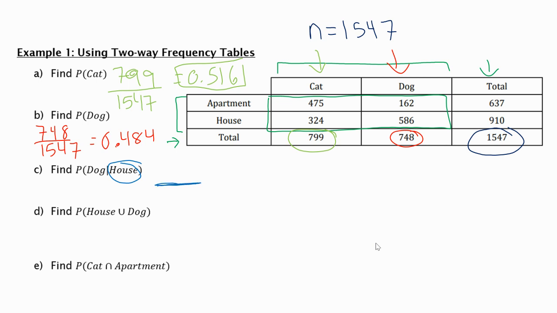Of the people who have a house, that's 910 people, so that goes on the bottom. Of those 910, 586 own a dog. When we divide that out, we get 0.644.